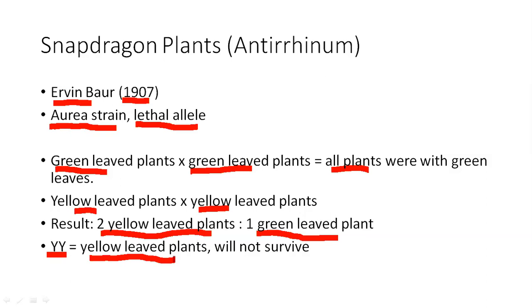So when chlorophyll pigments, which are responsible for photosynthesis, are not there, definitely the plant will die. They will be yellow in color, and they will die because the chlorophyll pigments are not there for photosynthesis. So that's why that plant did not survive. Though it was dominant for color, yellow color, it was recessive, so it was a lethal character for its development.